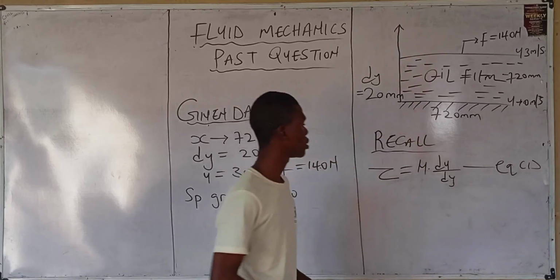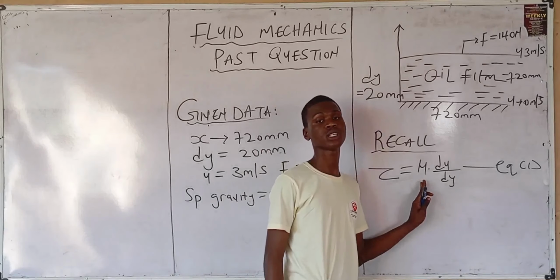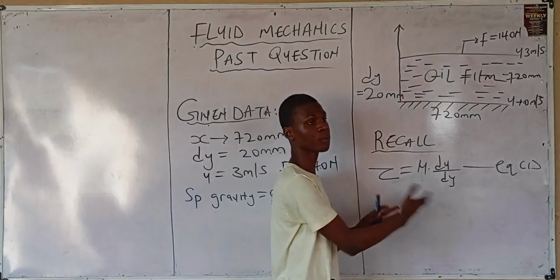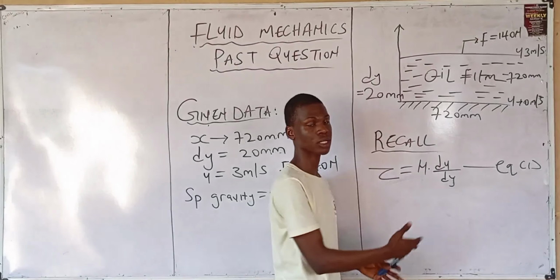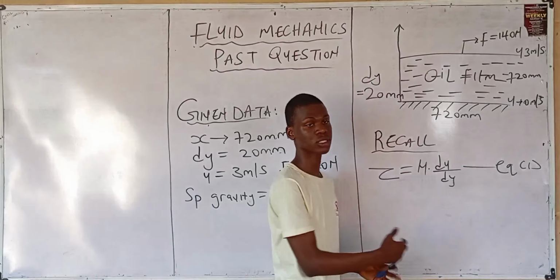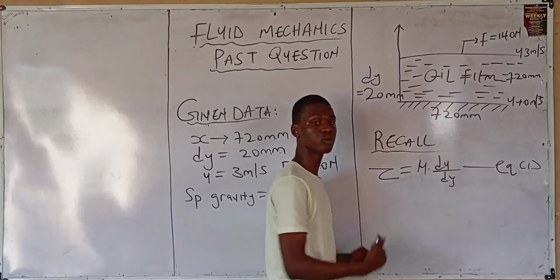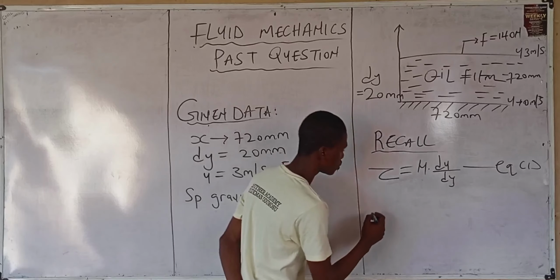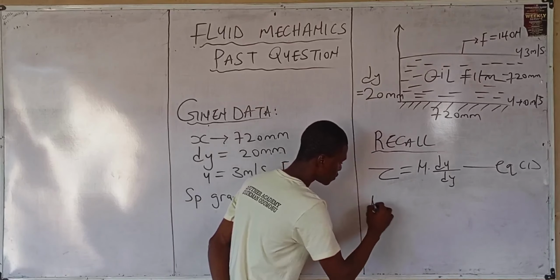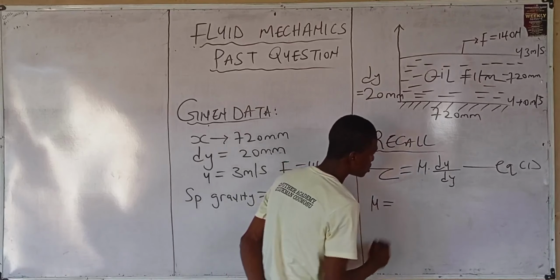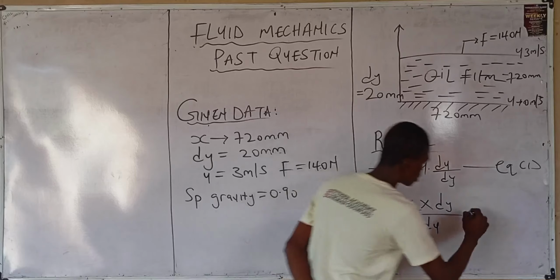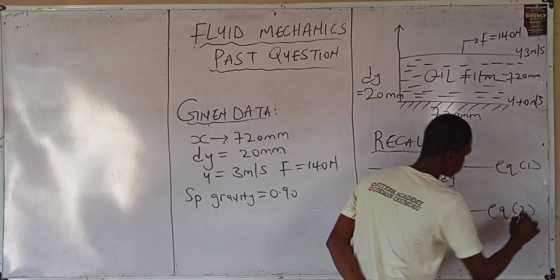From equation 1, make dynamic viscosity the subject of the formula, or better still, substitute the value of each parameter into equation 1. But for a nicer calculation, I would make it the subject of the formula. So dynamic viscosity is equal to shearing stress multiplied by dy divided by du. Call this equation 2.